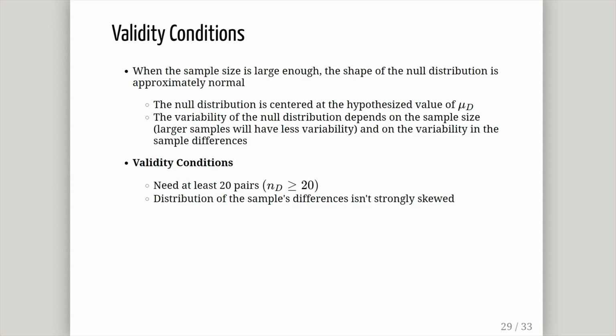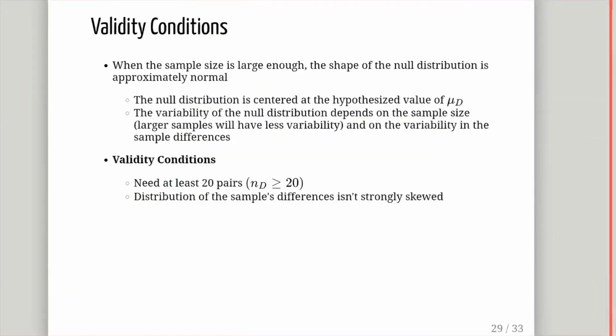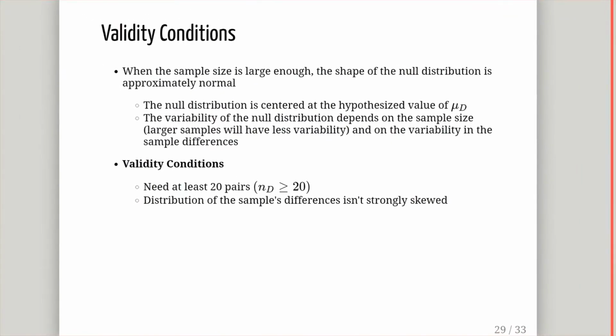The null distribution needs to be centered at the hypothesized value of the long-run mean difference. This hypothesized value means that we need the null distribution to be centered at 0. That is our hypothesized value according to the null hypothesis.